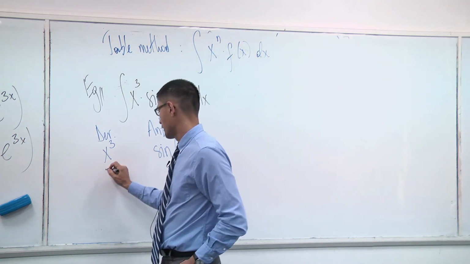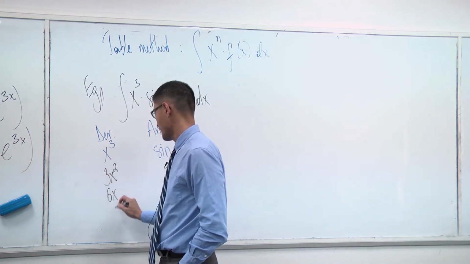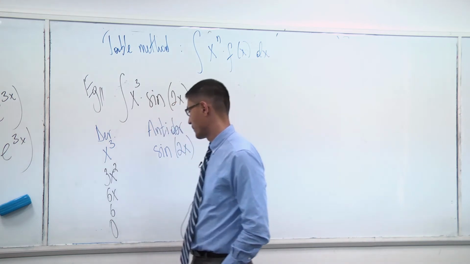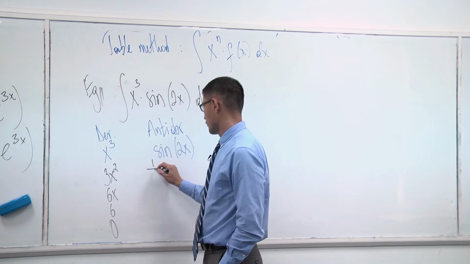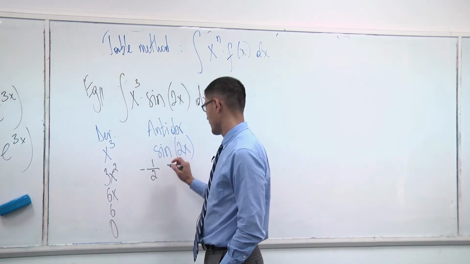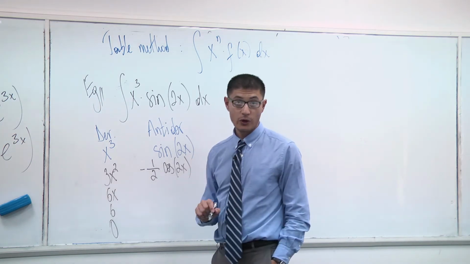So let's take the derivative. We'll get 3x squared, 6x, 6, 0. And let's take the antiderivative. The antiderivative would be minus 1 over 2 cosine 2x.